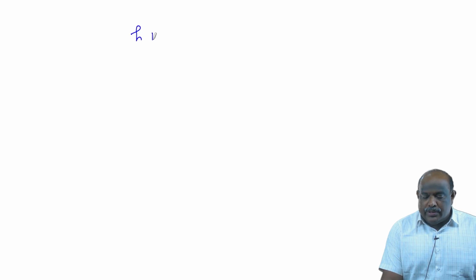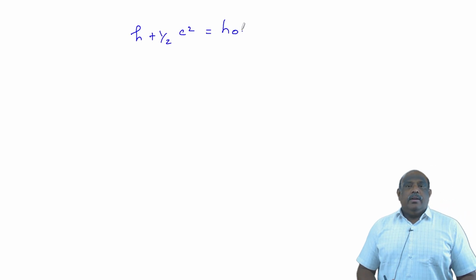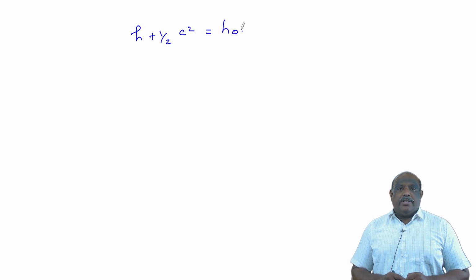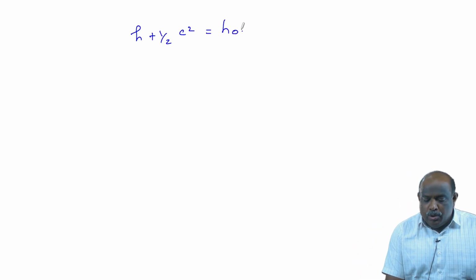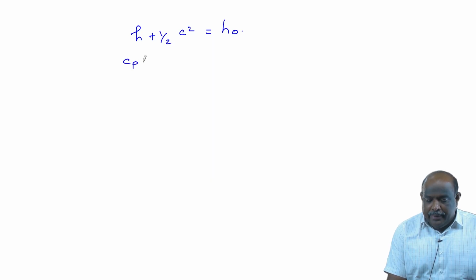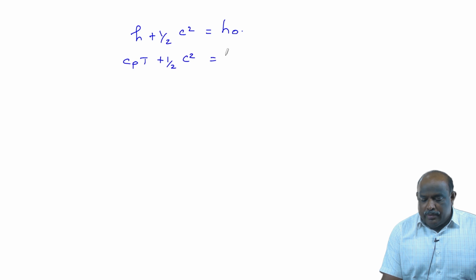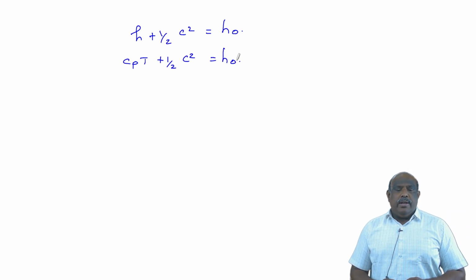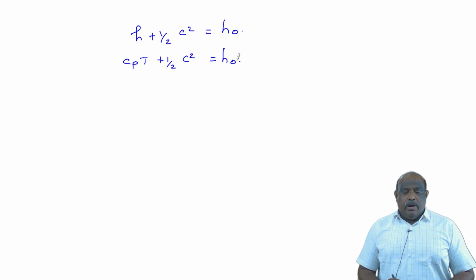So, we have once again this stagnation enthalpy equation: H plus half C squared equal to H naught. Now I am going to derive the various forms of this energy transformation equation. What is H? You know that Cp T plus half C squared equals H naught. What is Cp in terms of gamma and R? Just now we told it is gamma R by gamma minus 1.